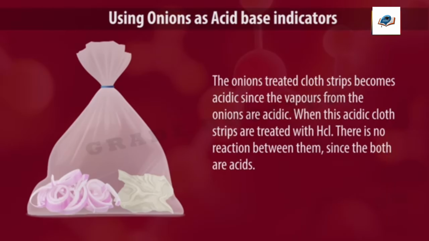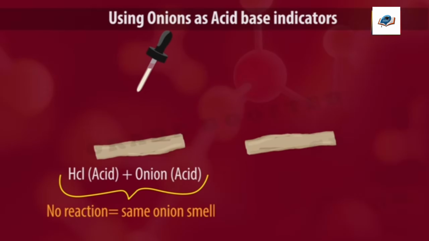Do you know why? Because the onion-treated cloth strip becomes acidic, since the vapors from the onions are acidic. We kept the cloth in the bag along with onions, so the cloth absorbed the acidic vapors and became acidic in nature. When this acidic cloth strip is treated with HCl, it does not react, because the cloth has an acid and HCl is an acid.